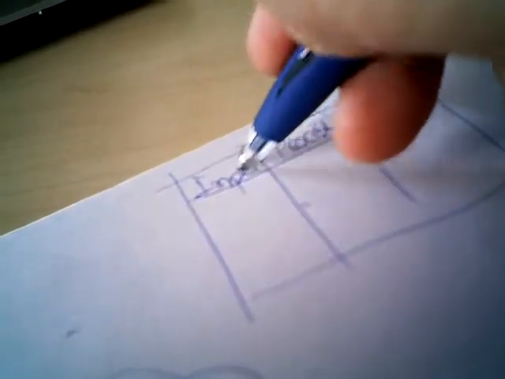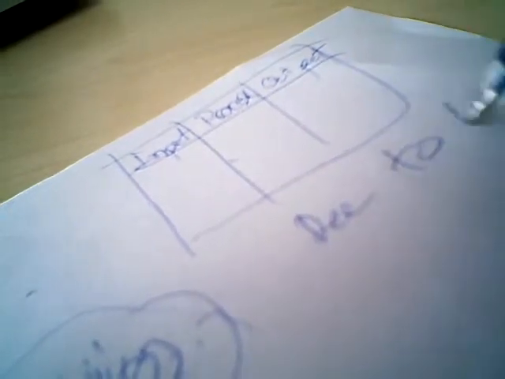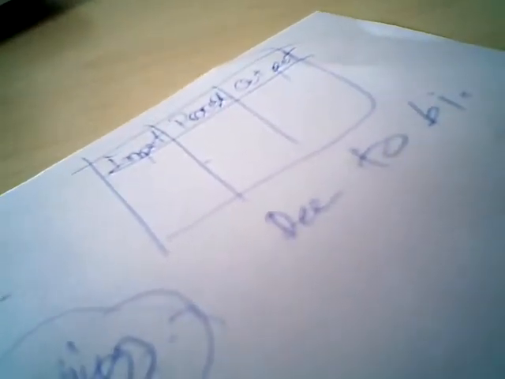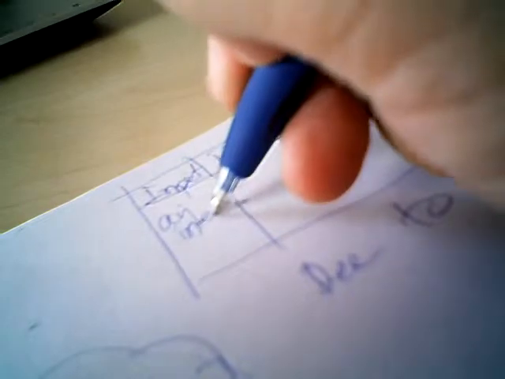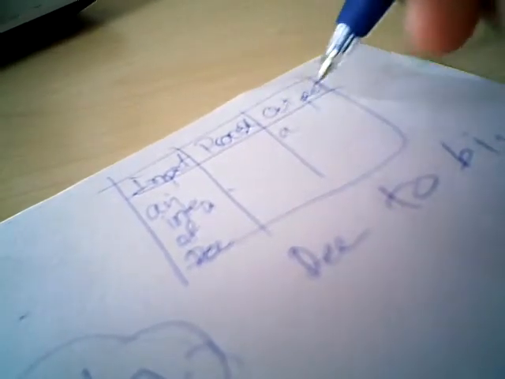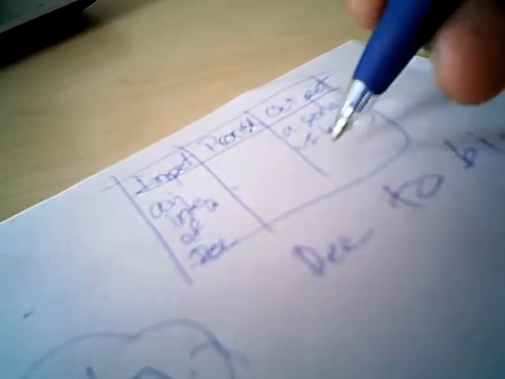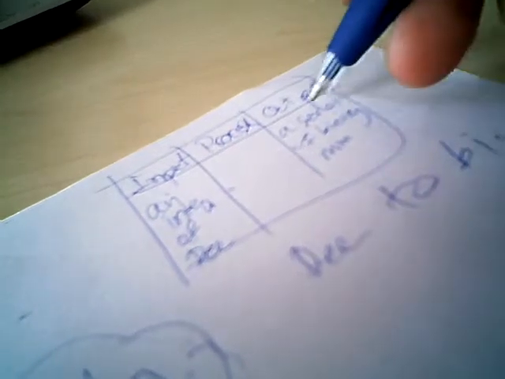Input, output, and process. What input do you need to convert from decimal to binary number? We need the input, which is an integer of decimal, and the output is a binary number, which is a series of 1 and 0.